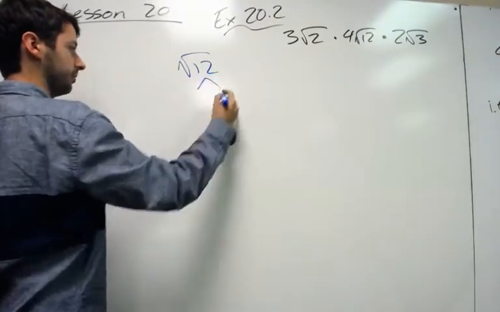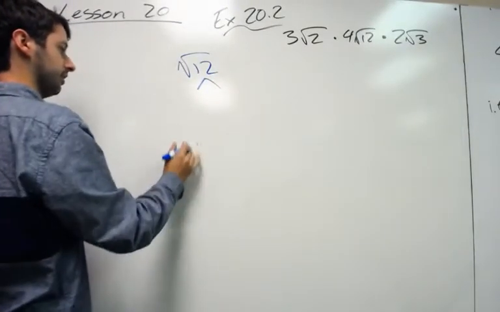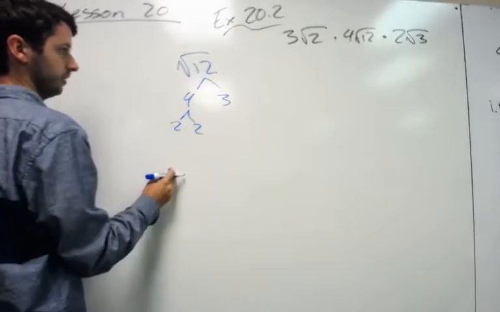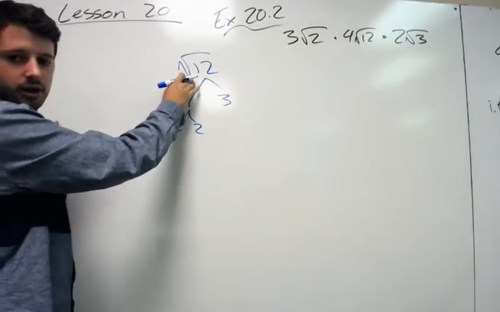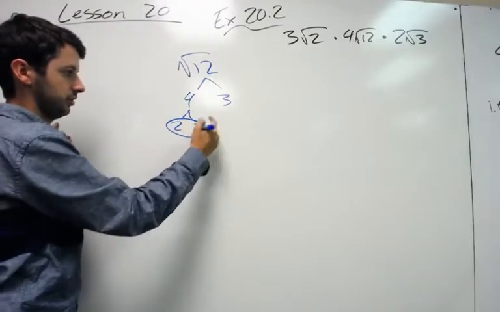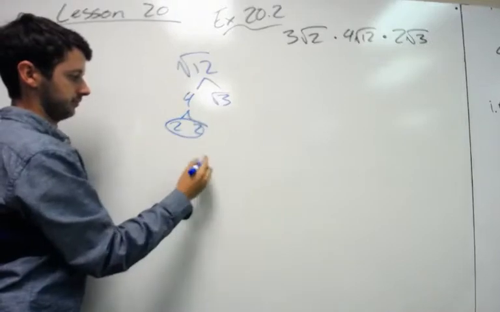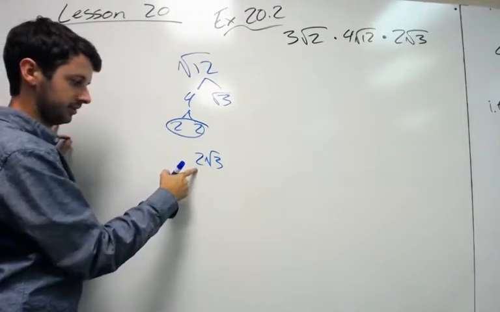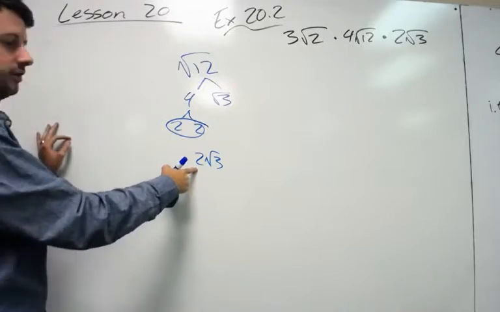It's not a prime number, so factors of 12 are 4 and 3, 2 and 2. So the simplified form of radical 12 would be 2 radical 3. Remember, if you have 2 of the same, they come out to be 1 when we're talking about radicals.